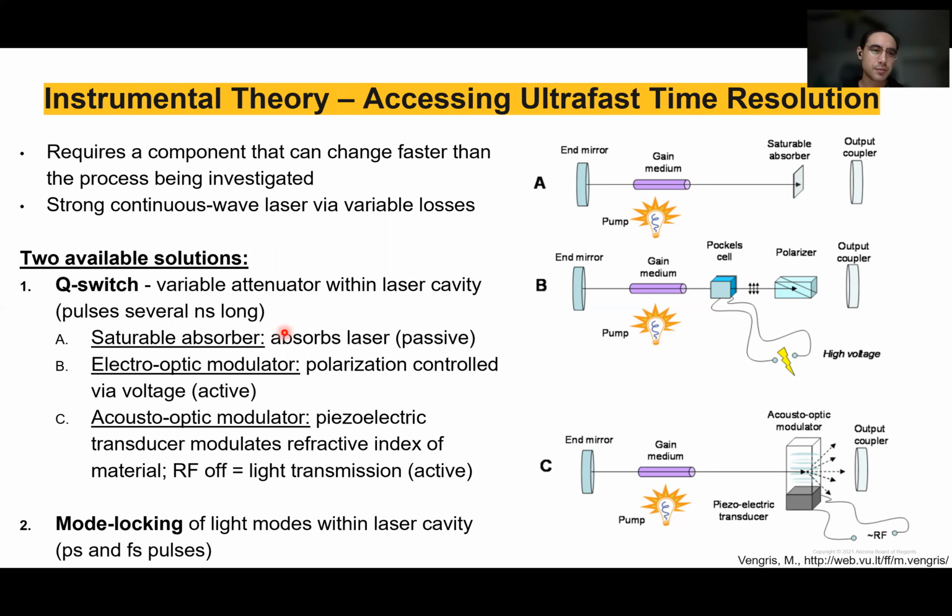First is the saturable absorber, shown here in A. It's a light absorbent material that will absorb the laser, and once it becomes saturated, your laser pulse will pass through this material and go into the rest of your experiment.